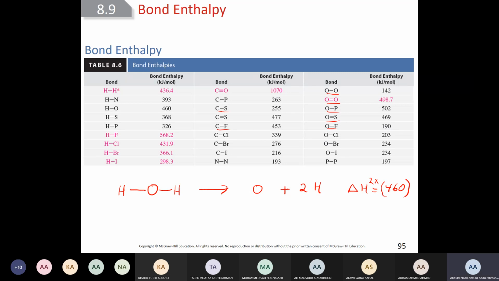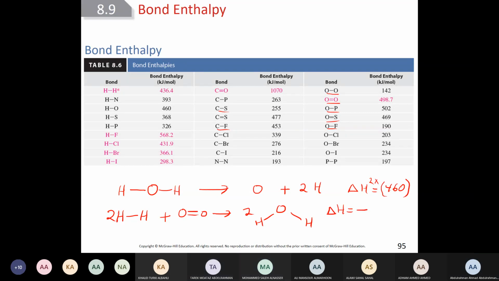Now let's do another reaction. I want you to tell me what's delta H for this reaction? 436.4 plus what? 498.7 minus 460.